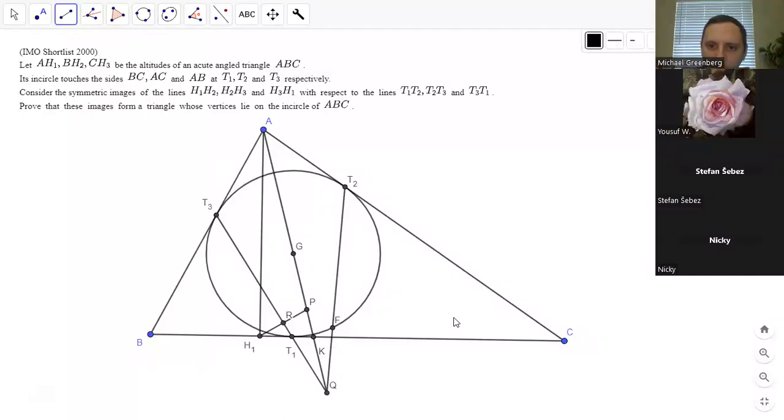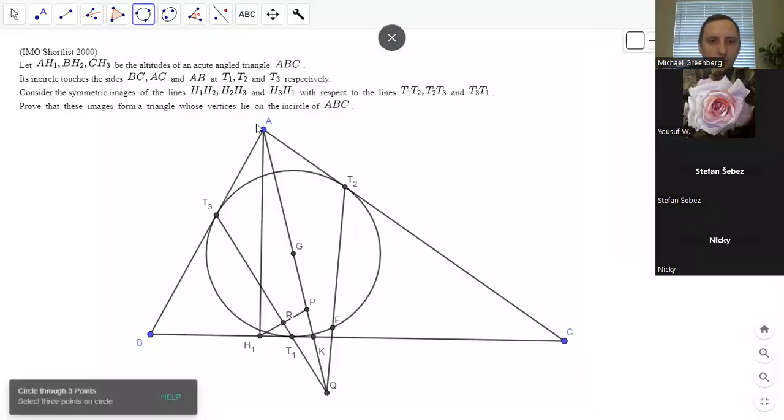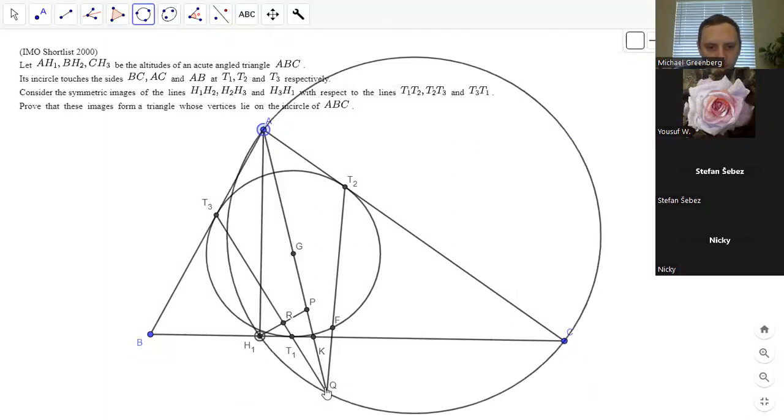Then Q, H1, H2, AC belong to the circle. Is that the Iran lemma? It's where the angle bisector meets this. Yeah, that's the Iran lemma. So Q, A, and C is a right angle, so those all lie on a circle.